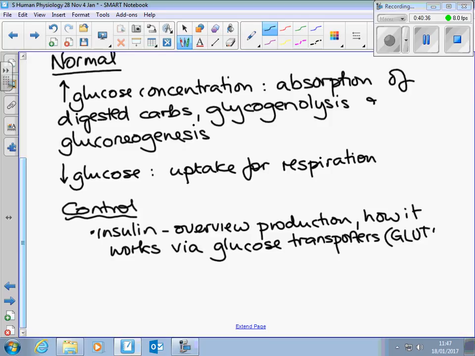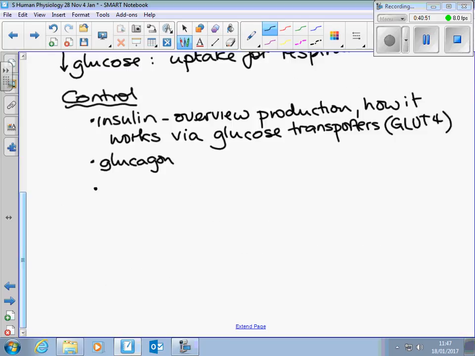All right, GLU for glucose, T for transporter, but GLUT4 is one that definitely needs a mention. You need glucagon mentioned. And then adrenaline could get a mention, but there's a whole load of other hormones as well that actually have an impact on blood glucose. But they'll only get a brief mention. It's that insulin mechanism, I think, that's the important bit here.